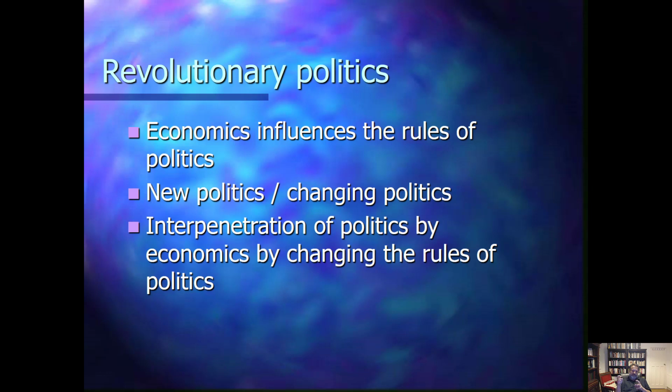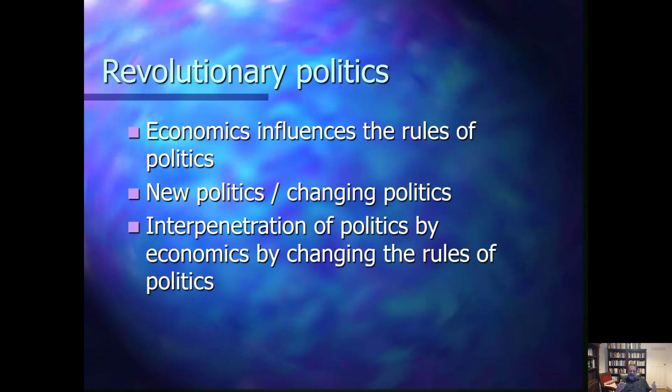And in particular, in such situations, a new politics is emerging, which changes fundamentally how the political system works. It is the revolutionary politics, which undermines the existing political system, introduces fundamentally new ways of communicating in politics and new ways of attracting political support across the population.